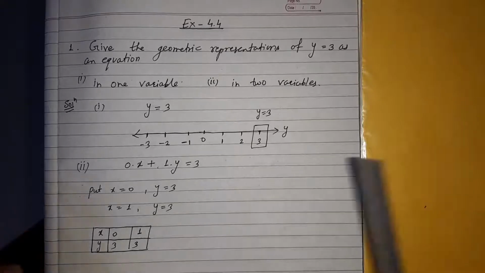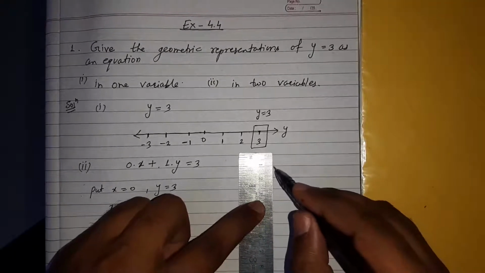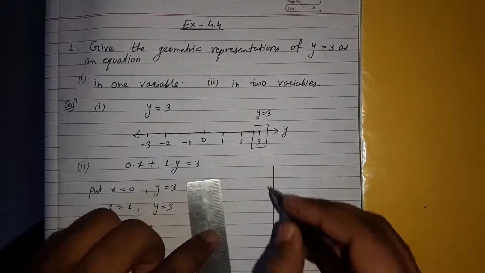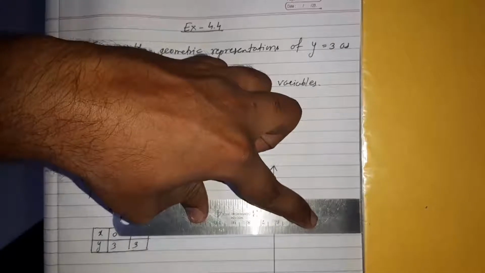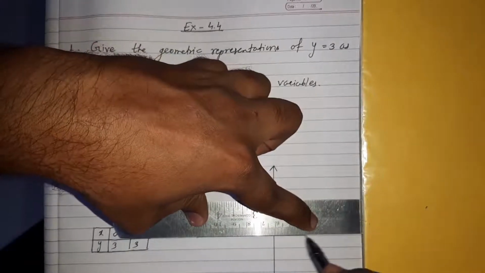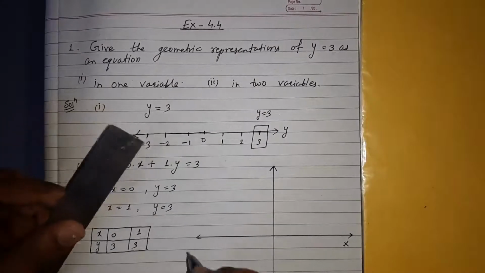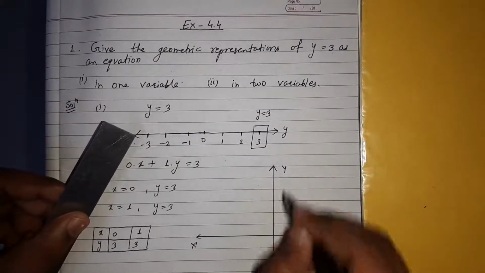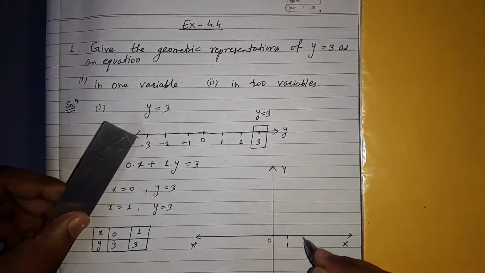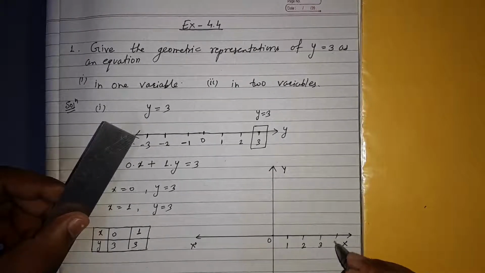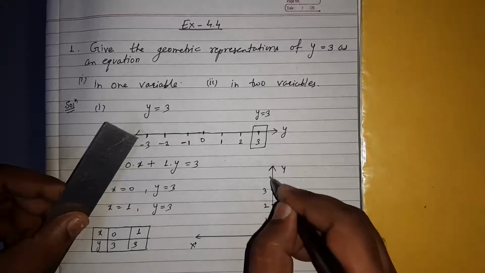Now we will draw these points on graph paper. So first we will draw the two axes, x and y axis. This is x positive, x negative, y positive, y negative. This is the origin 0, then 1, 2, 3, 4 and 1, 2, 3, 4.